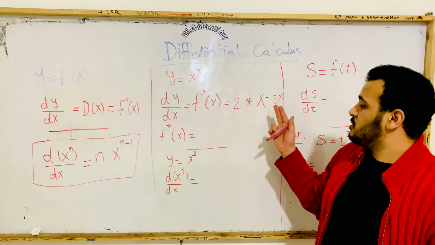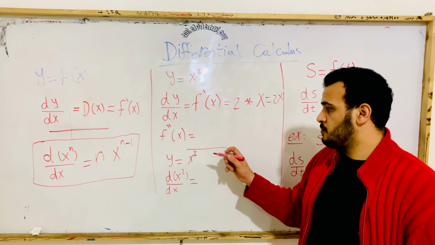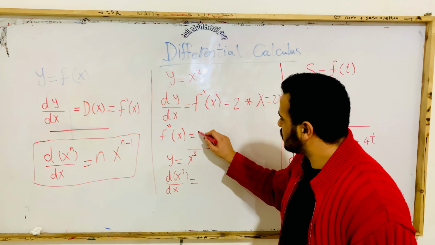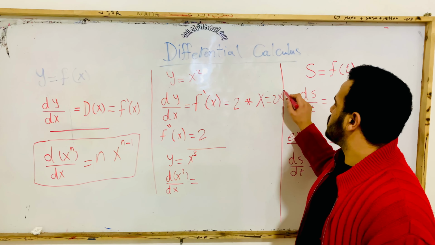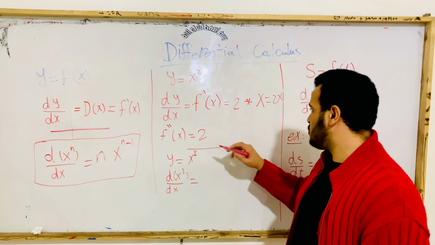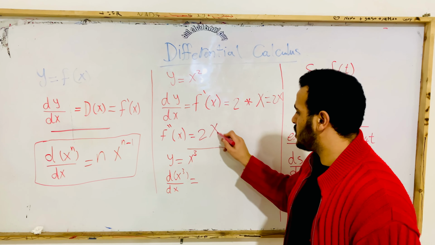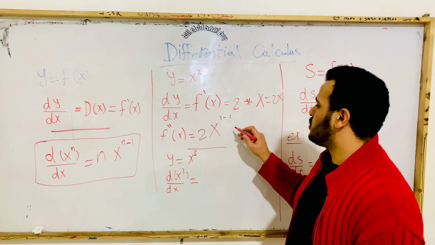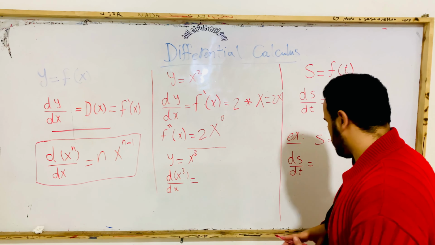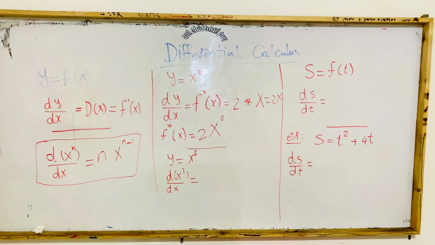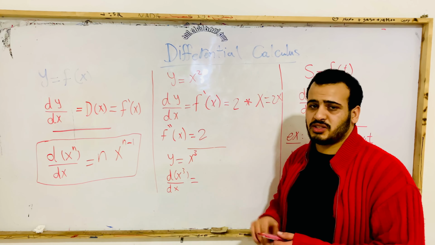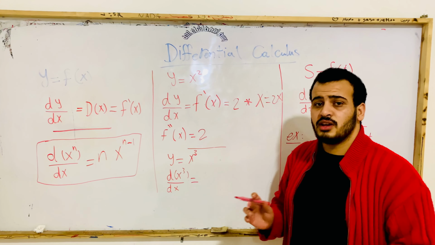To find the second derivative of 2x, n is 1, so 2 times 1 is 2, times the base x raised to the power 1 minus 1, which is 0, and x raised to the power 0 is equal to 1. So we get 2 as a result in the end of this example.